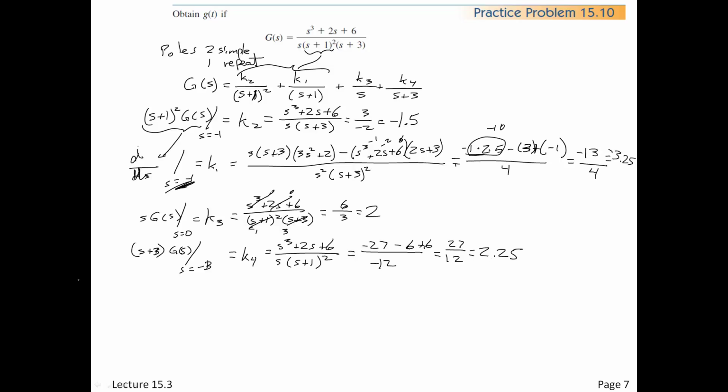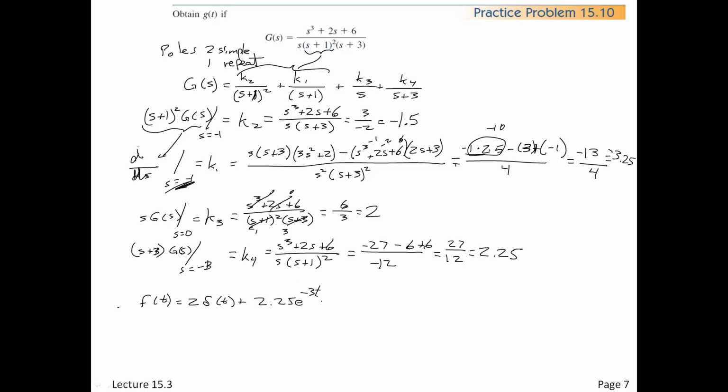So now if I put all this together, I've got my f of t is what? K3, that's a delta function, so I've got 2 times the delta of t, plus I've got the e to the minus 3t, so that's K4, plus 2.25 e to the minus 3t.